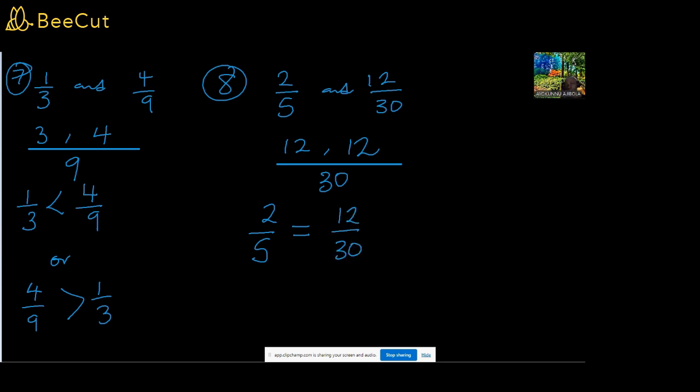And it makes sense if I cut 12 over 30 down. I can divide by 6 here, and by 6 here, then I have 2 over 5. Is that clear? Yes, sir. So 2 over 5 is the same as what? 12 over 30.